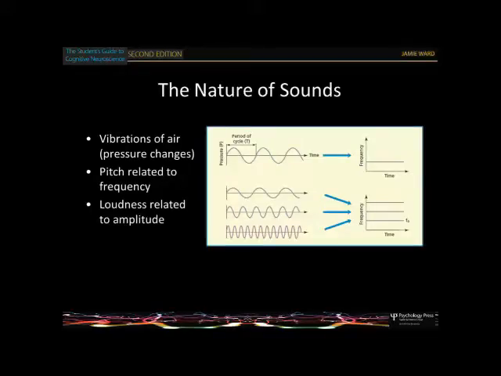So as most of you know, sounds are to do with vibrations, typically vibrations of air. So pressure changes as a result of pushing air out of the mouth, or vibrating strings on a violin, and so on. So changes of air pressure oscillating the air molecules. And the way we can think about the change in pressure is that it changes over time.